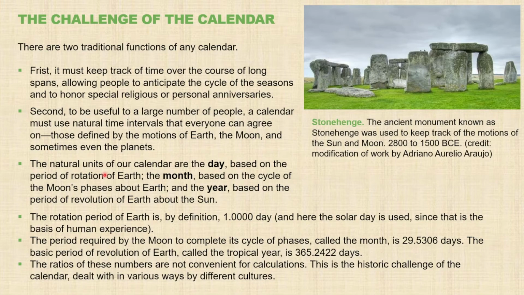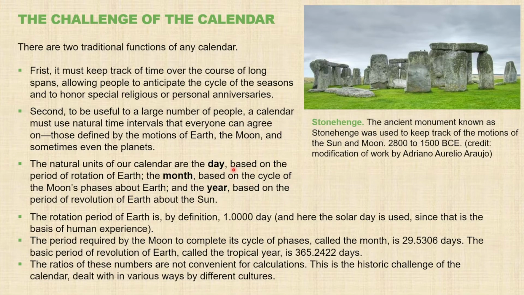So the natural units are the day, which is based on the period of rotation of the Earth, the solar day. And the other is the month, based on the cycles of the moon's phases about Earth. We'll look into that next.